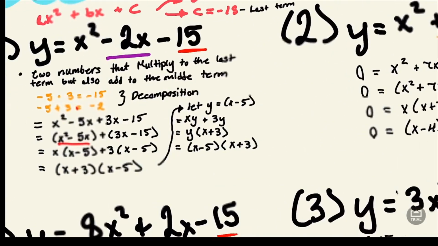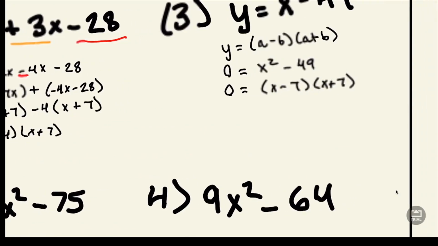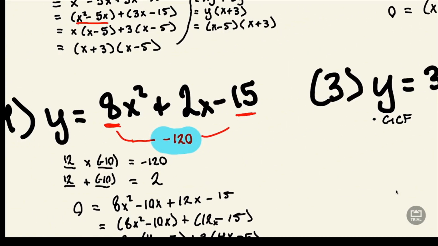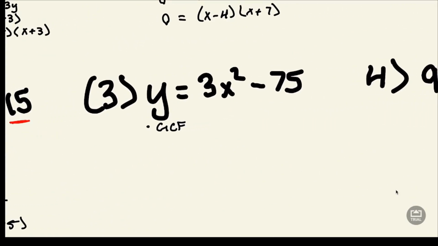The previous ones did not have a greatest common factor, but for this one we can factor something out: the a value is common. If we factor out 3, we are left with 3x squared minus 25, since negative 75 divided by 3 is negative 25.